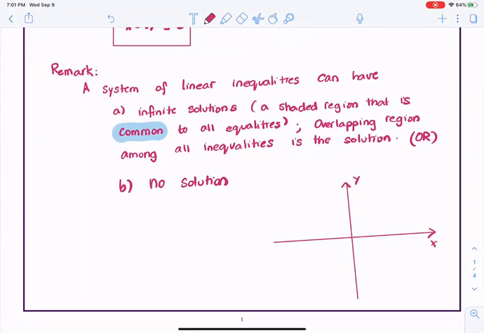So I'm going to consider a system, and the system would be y greater than or equal to 1. The other one would be y less than or equal to negative 1. Let's just say 0 is over there, 1 and negative 1.